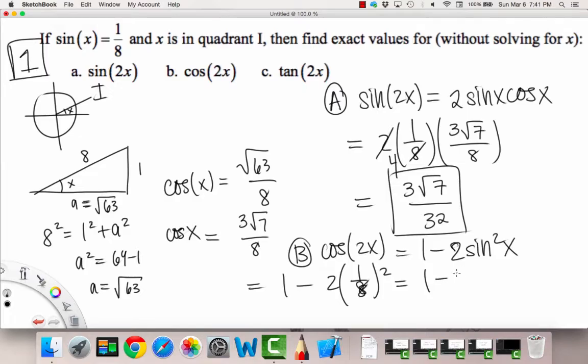This is 1 minus 2 over 64, which is the same as 1 minus 1 over 32. So 32 over 32 minus 1 over 32 is equal to 31 over 32. So that's our cosine of 2x, and on the next slide we'll solve for tangent of 2x.